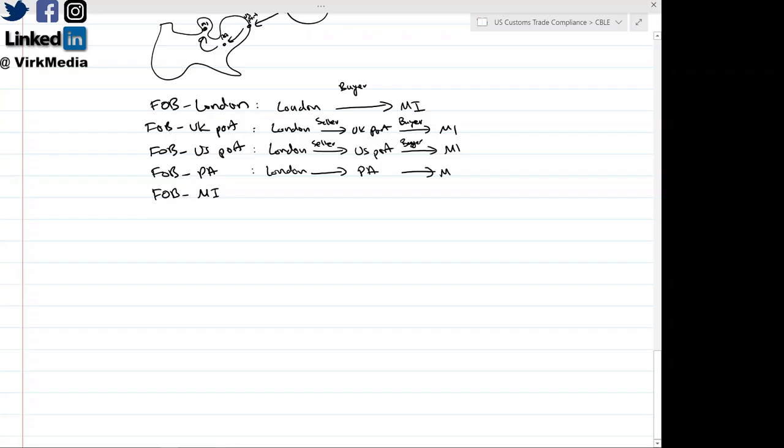As you might have guessed, this means that the seller is responsible up to Pennsylvania, and from there on, the buyer is responsible to take it to Michigan. What does FOB Michigan mean? It means that the seller is responsible to take it from London all the way to Michigan.